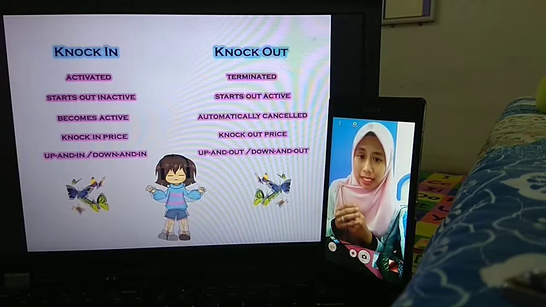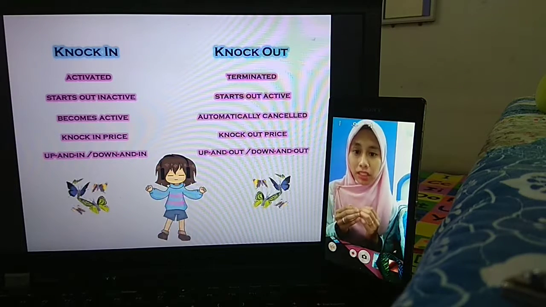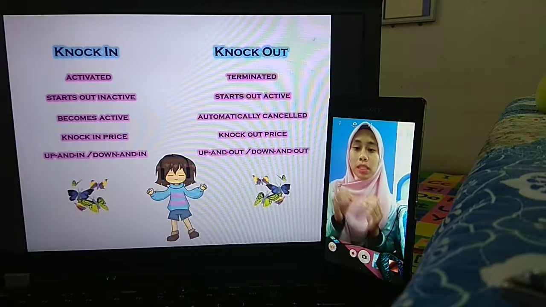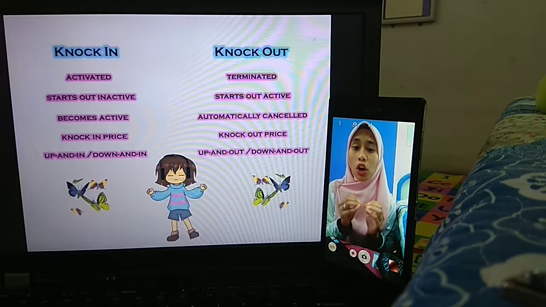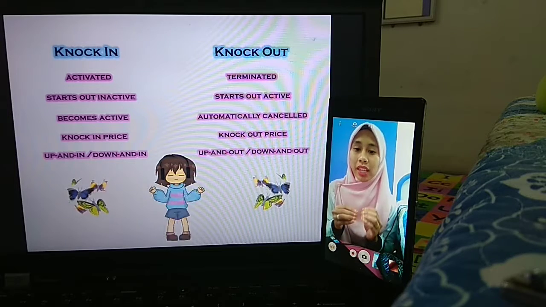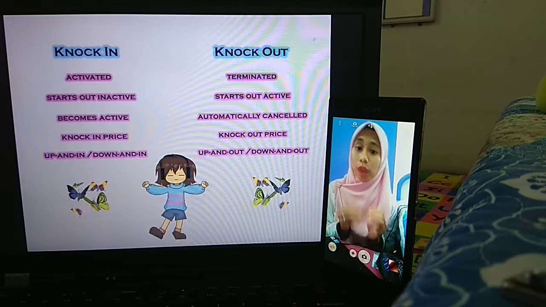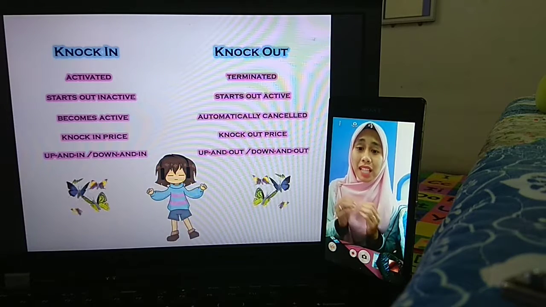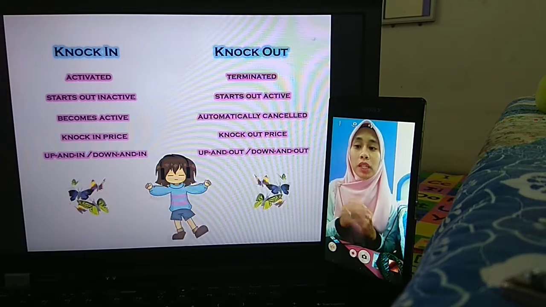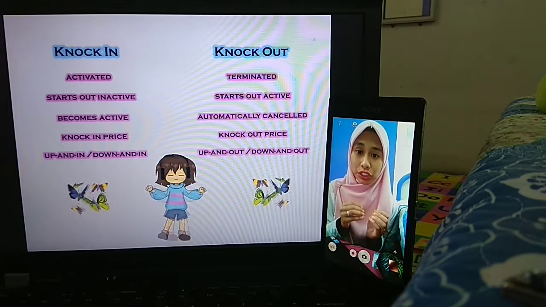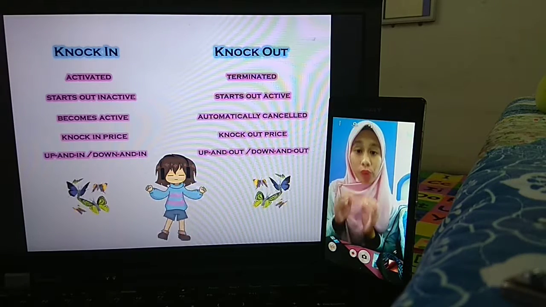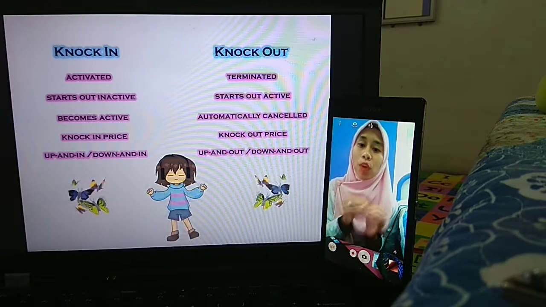So for knock-in, it starts out inactive and it will only become active when a specified price of the option is reached, and that price is called the knock-in price. Whereas for knock-out, it starts out active and it will automatically be cancelled when a specified price is reached, and that price is called the knock-out price.